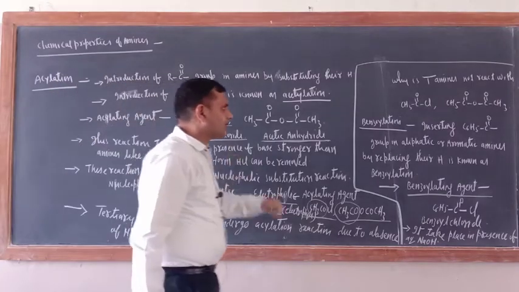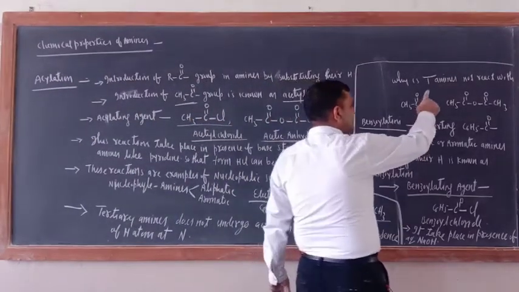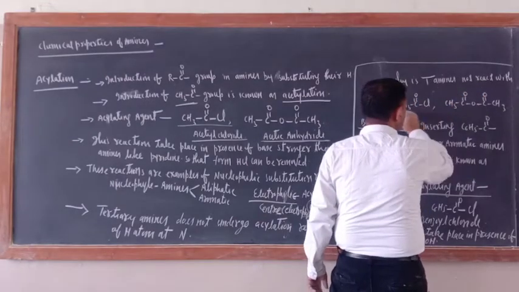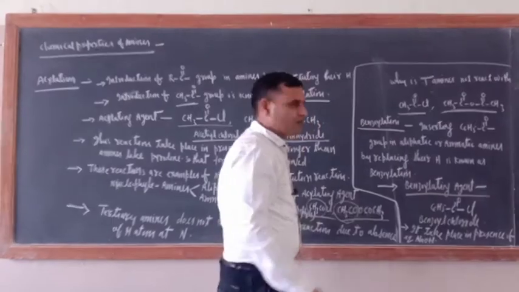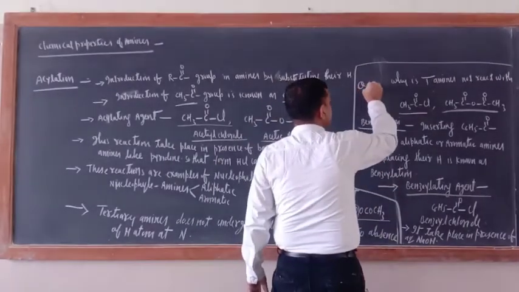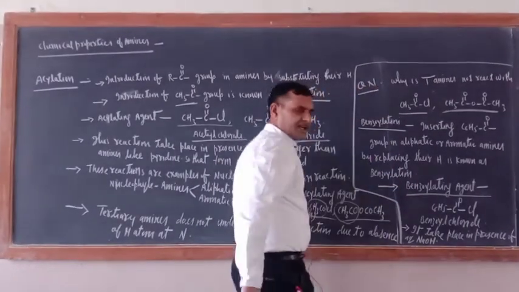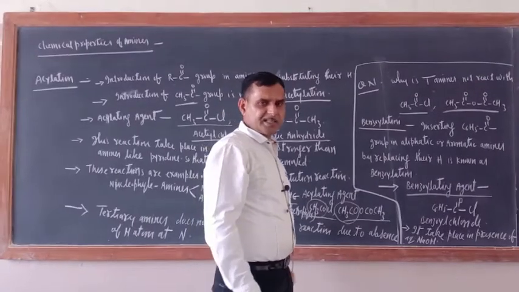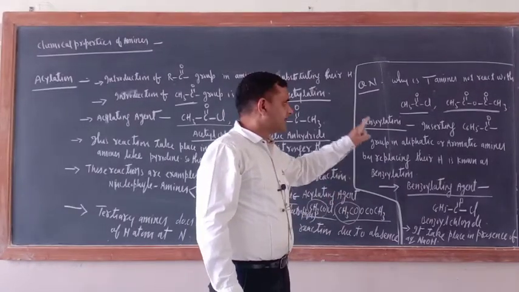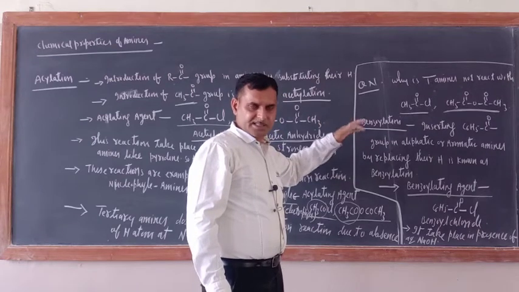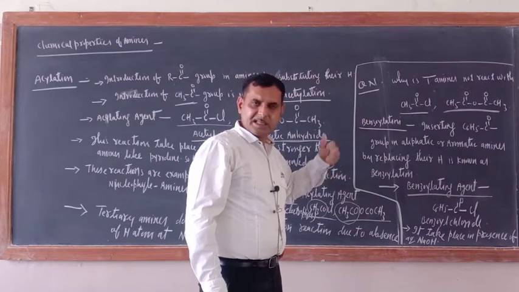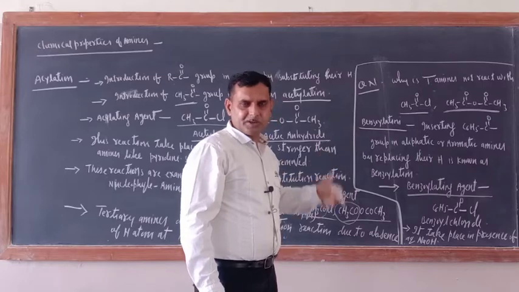Okay. One more thing is there. Why do tertiary amines not react with acetyl chloride or acetic anhydride? The answer is the same. Since the reaction of acetyl chloride or acetic anhydride with amines is an example of substitution reaction.